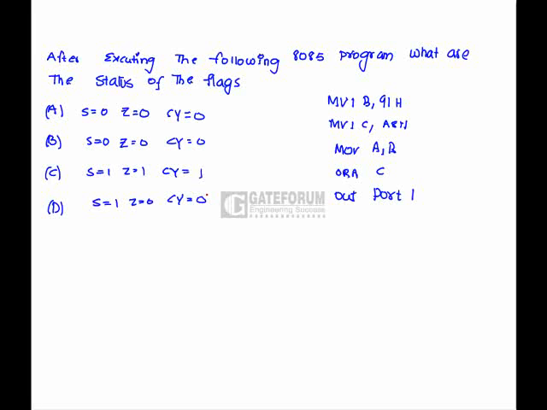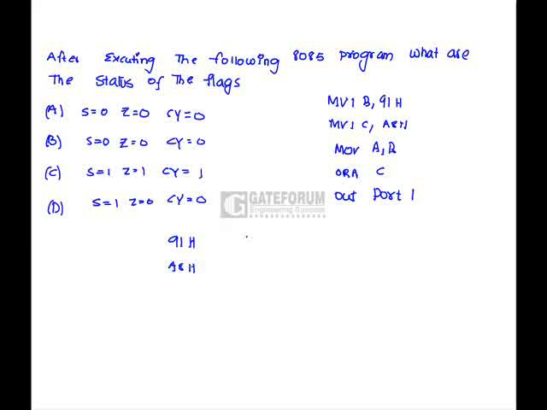After executing the following 8085 program, what are the status of the flags? We have to check the last instruction, that is ORA C. It doesn't affect the flags at all; ORA C, that is ORing accumulator with C, is a logical instruction which affects the flags. So the accumulator contains the contents of B, that is 91H, and C contains A8H.